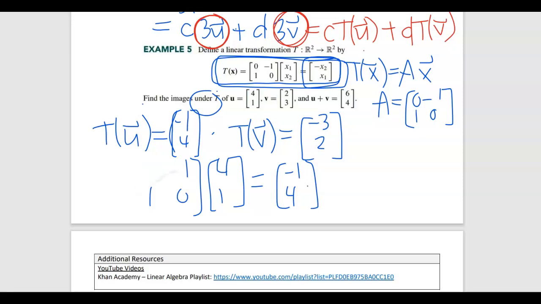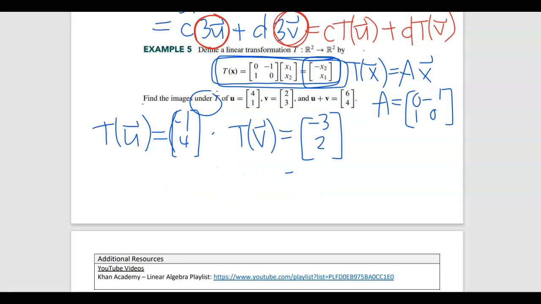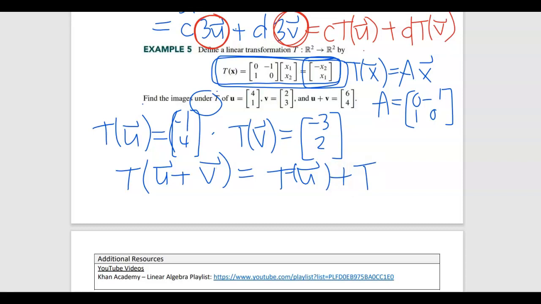And then the last one says to do u plus v equals (6, 4). Let's show this. Let's show that T(u + v) is equal to T(u) plus T(v). Because this is a linear transformation, it should make sense that you can apply it this way.